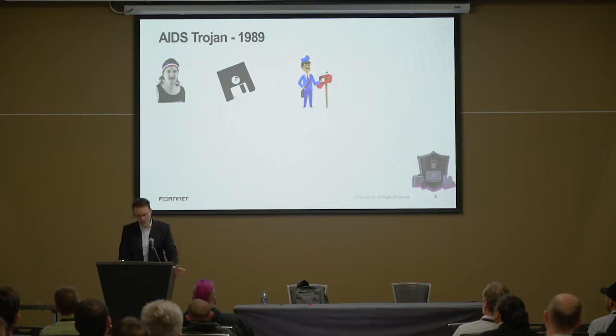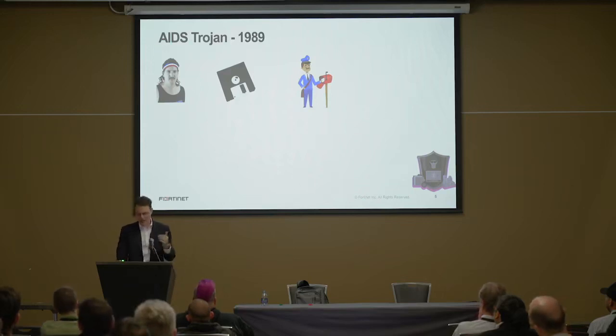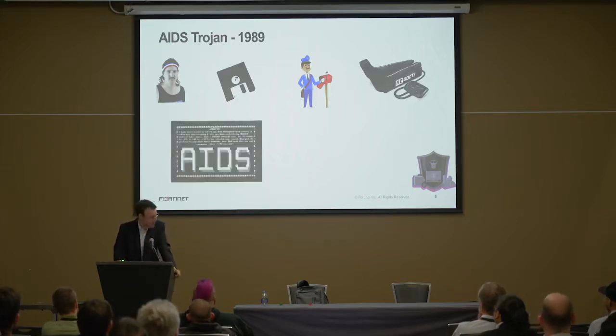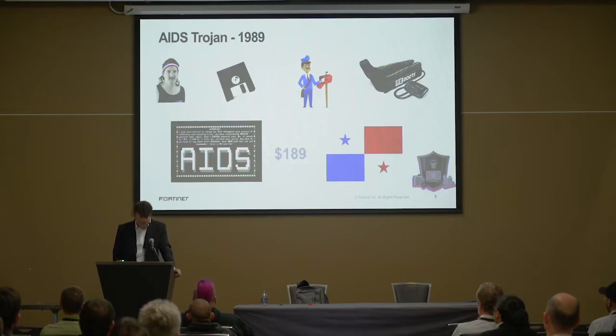Okay, so those people, when they started the diskette, the questionnaire was presented to them. They were responding to the questionnaire, and then after 90 reboots, this screen would be presented to them. And on that screen, it says that the person needs to send $189 to a PO box in Panama. So that was the first delivery method and the way that they got paid.